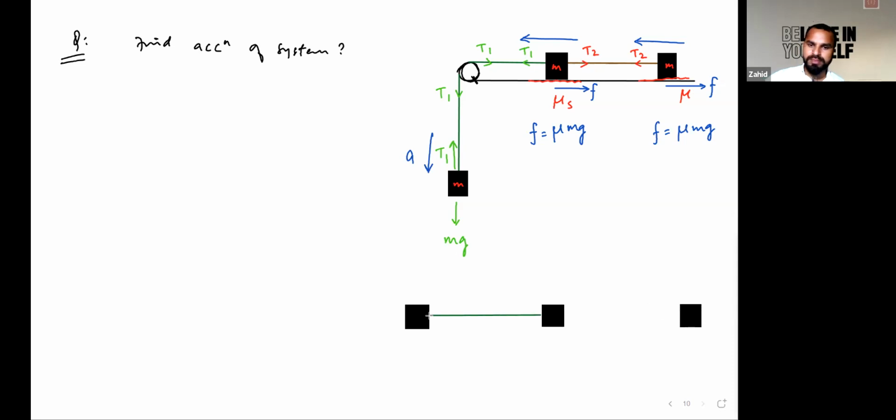So there will be a force at this point, and there would be another at this point. And since this is your pulley, it must be at this instant.